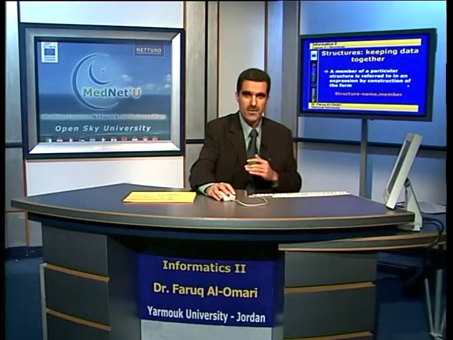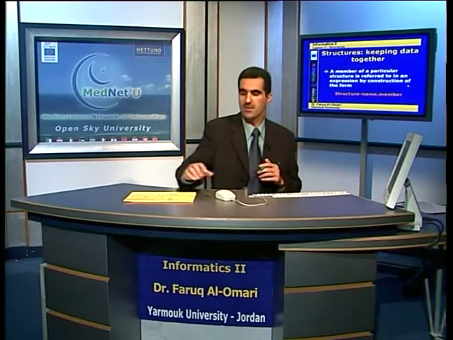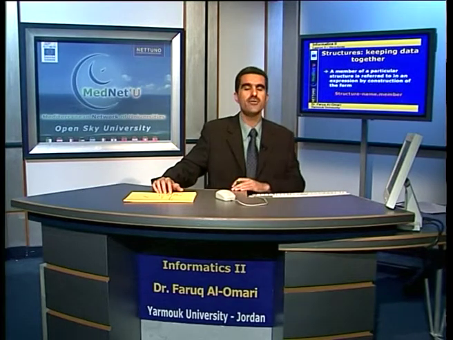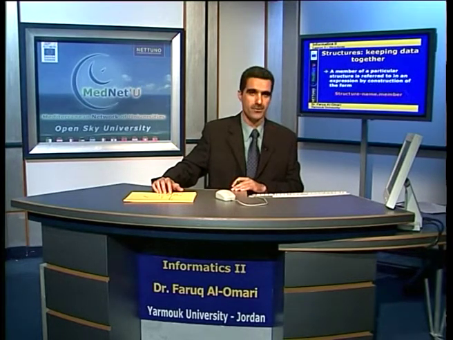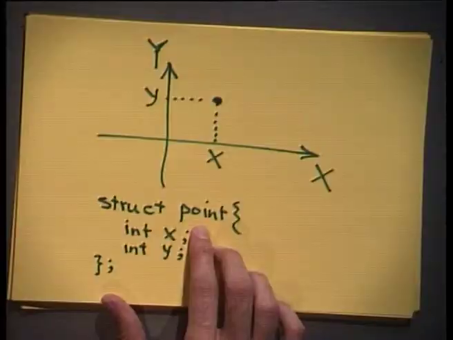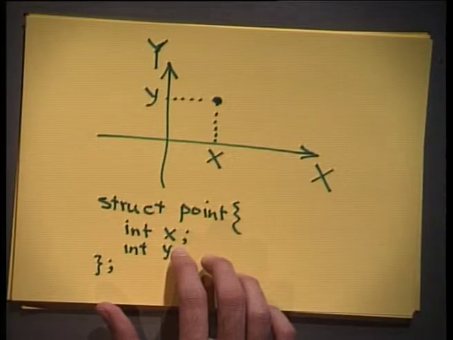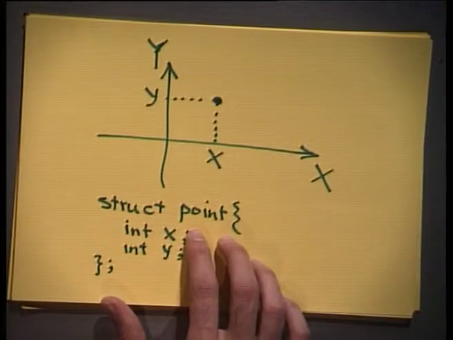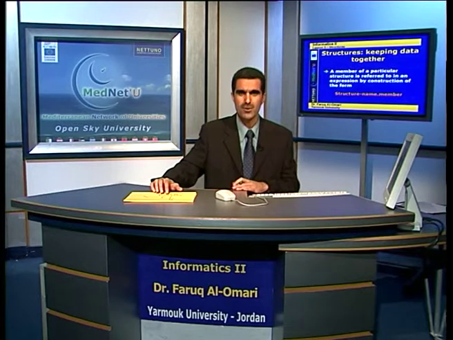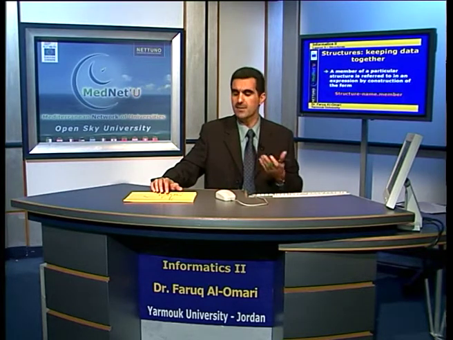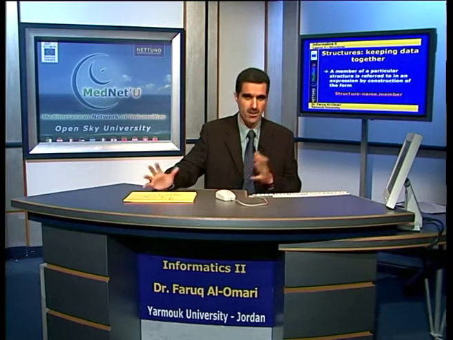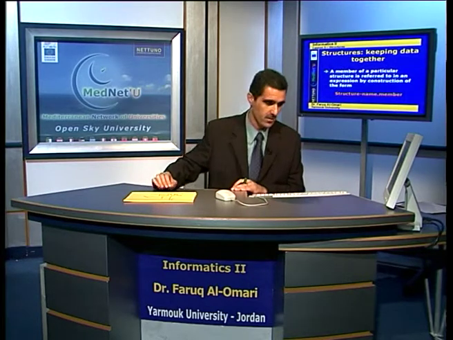These variables within the structure, in our case, x and y, are called sometimes members of the structures. Okay, so x is a member of the structure point, or sometimes we could call it an element within the structure point. Okay, so I'm going to use the words member and element interchangeably. They refer to the same thing.